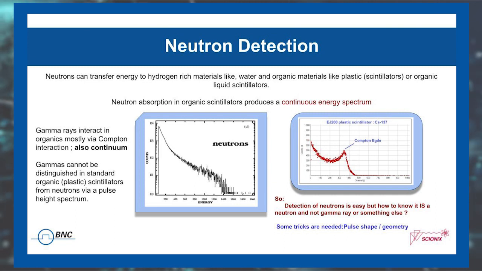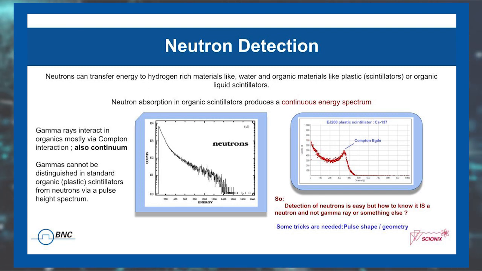You see there are no peaks because the energy transfer results in this continuous spectrum. Gamma rays, when interacting with organics, interact mostly via Compton interaction, and also there we see a continuous spectrum. You see the Compton edge of the material there. So by looking at just the pulse height of a scintillator, we cannot discriminate neutrons from gammas in a simple way.